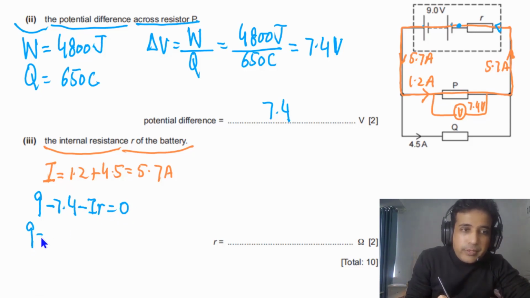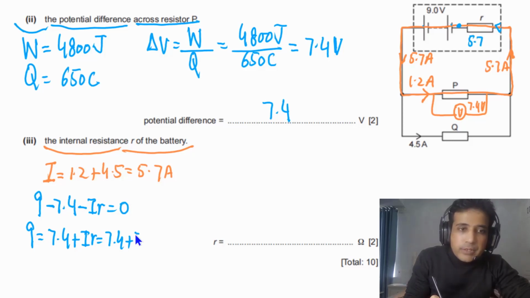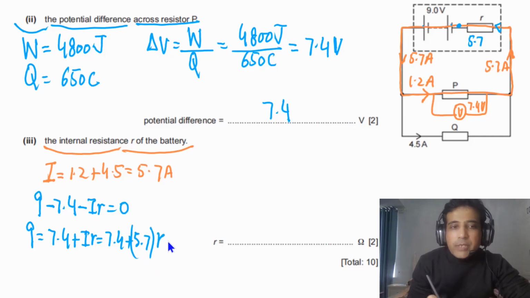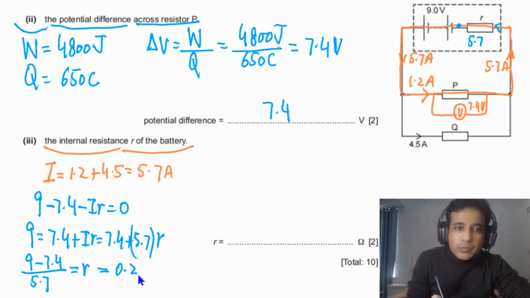Now we can rearrange. We can say 9 will be equal to 7.4 plus I times R. And the value of current passing through this resistor is 5.7. So we can replace I with 5.7, and here we have R. So we need to calculate R. Simply you can write 9 minus 7.4 divided by 5.7, and this is the value of R. So R in this case will be equal to 0.28 ohms, and this is our final answer.